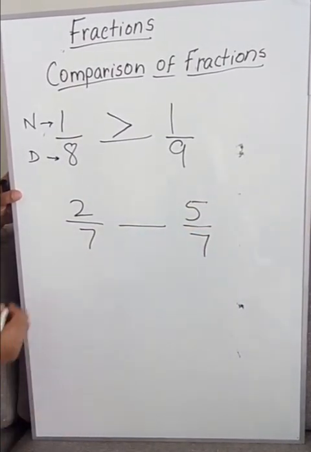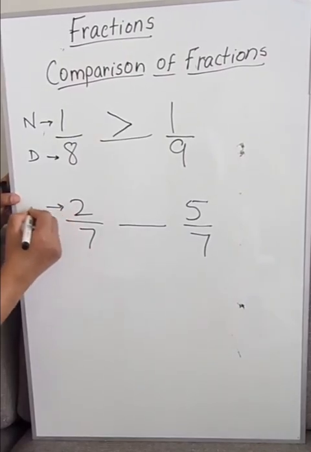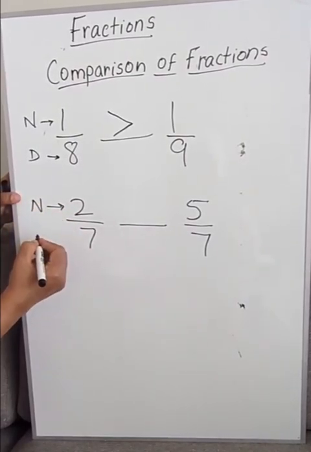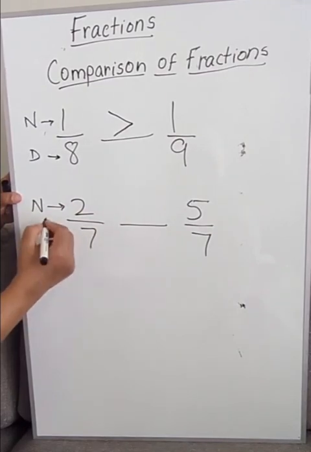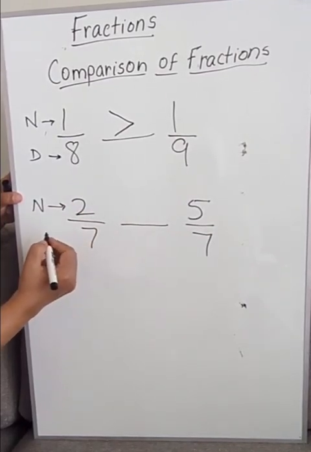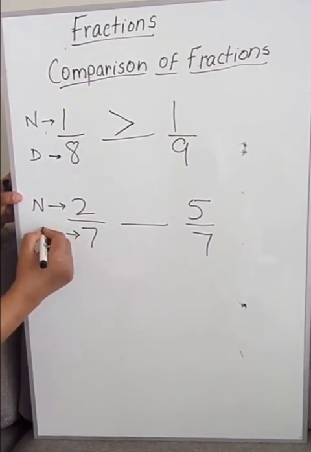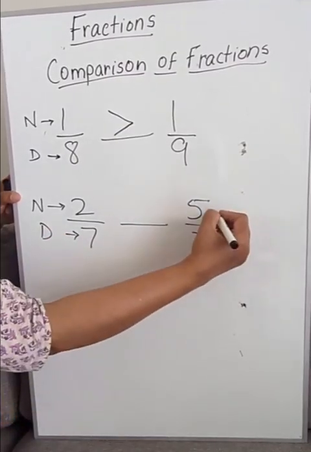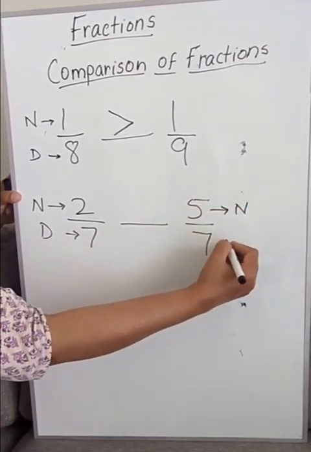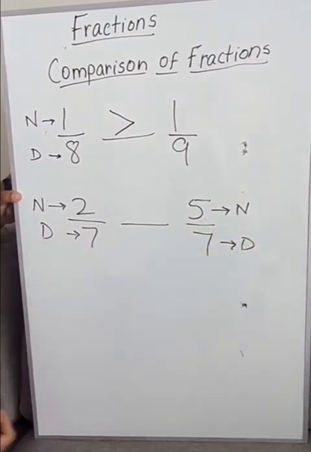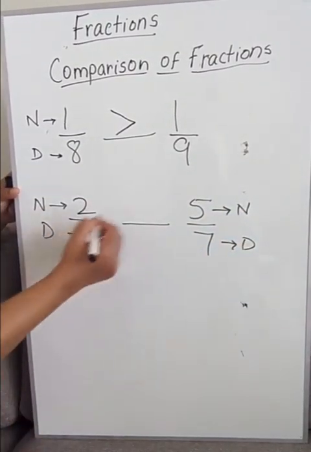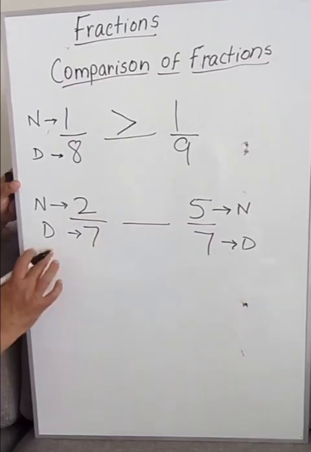In 2 upon 7, 2 is the numerator and the denominator is 7, and for this fraction the numerator is 5 and the denominator is 7. So when you look at these two fractions, the denominators are the same.